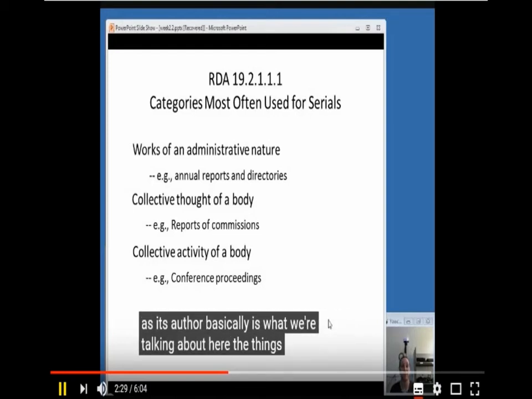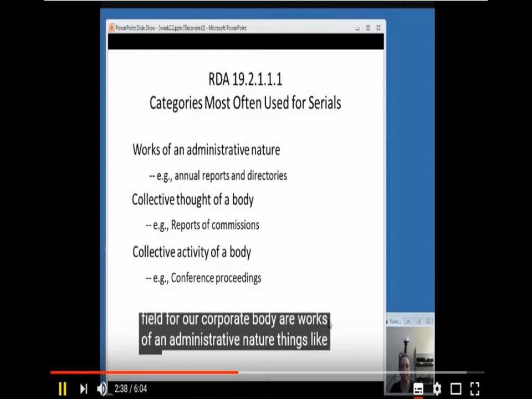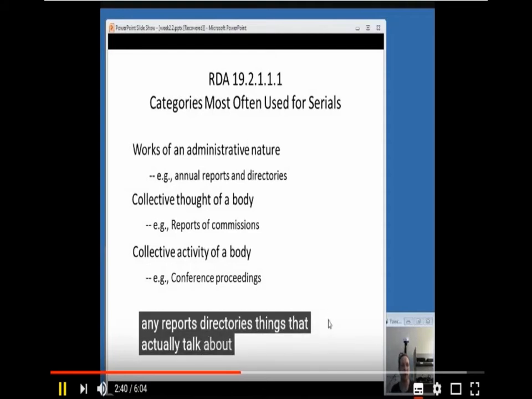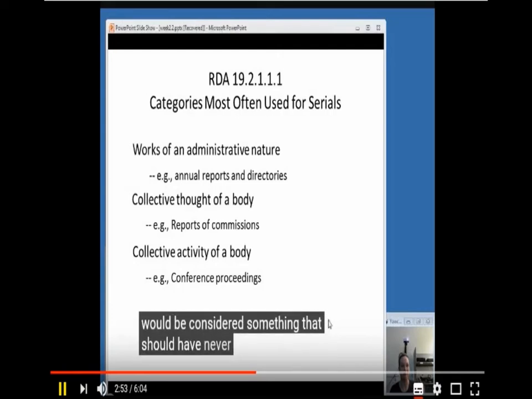The things that do need a main entry, which would go in a 110 field for a corporate body, are works of an administrative nature, things like annual reports, directories, things that actually talk about the organization itself, not some other topic. So if you had the Nebraska Association of Engineers and their annual report, that would be considered something that should have Nebraska Association of Engineers as a main entry.